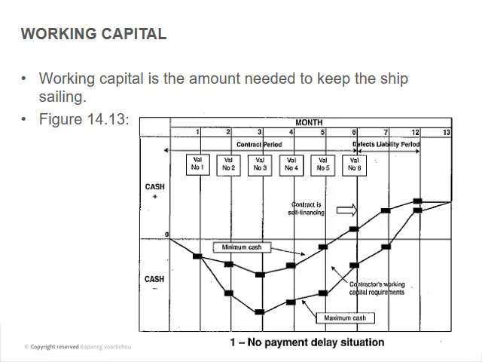Working capital. Okay, so working capital is the amount needed to keep the ship sailing. Okay, that is that deficit that I spoke about earlier. So your minimum cash flow in normal circumstances is like this, and then your maximum cash flow is calculated like that.